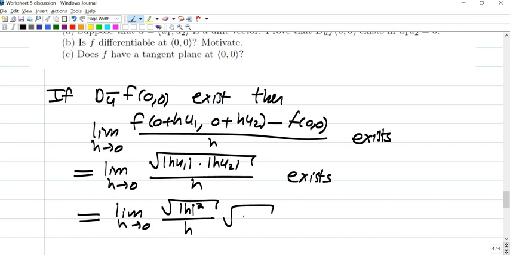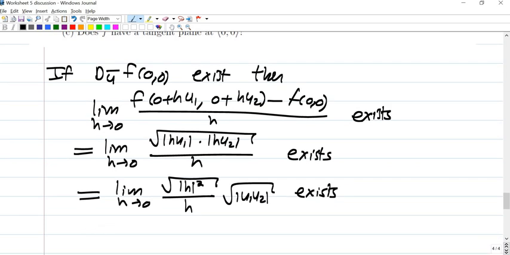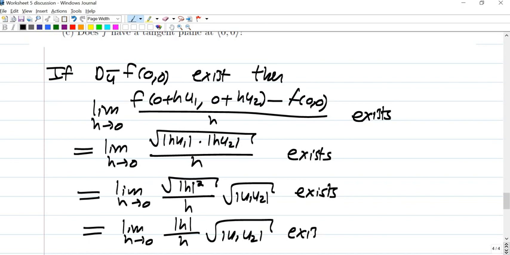So be very careful here. We have absolute values, so this gives us the limit of the absolute value of h over h times the square root of the absolute value of u1 u2 exists.